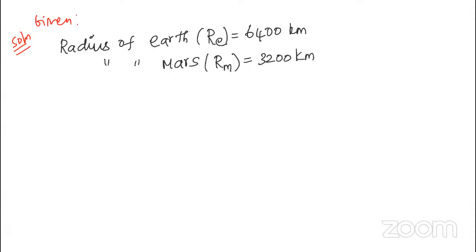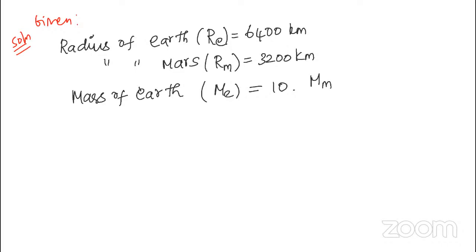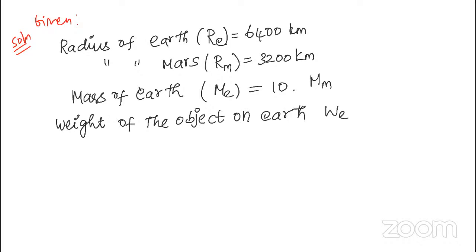Then the mass of the Earth, ME, is equal to 10 times the mass of Mars. Then the weight of the object on Earth, WE, is equal to 200 Newton.